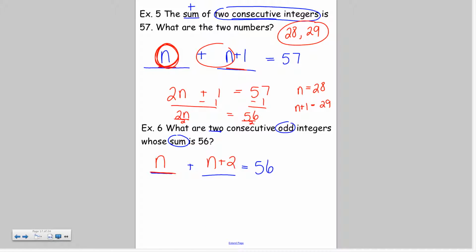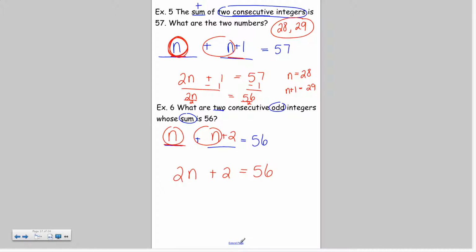So now we have an equation. In this equation, to solve it, we're going to combine our like terms. So n plus n is 2n. Bring down your 2 equals 56. Our like terms are 2 and 56, so I'm going to move the 2.